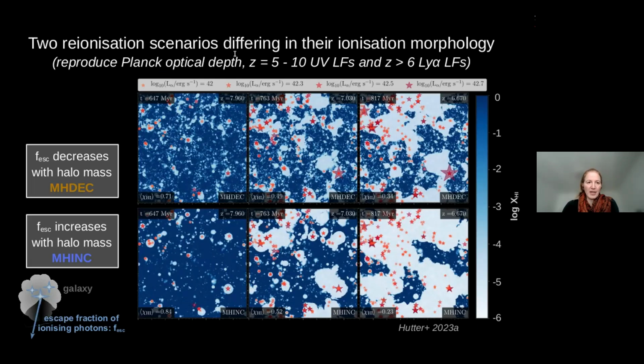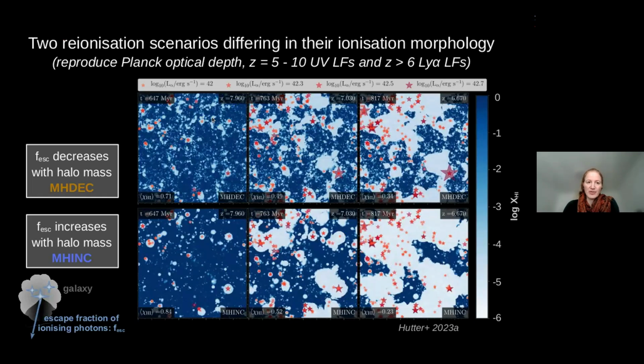So the key thing about these simulations is they actually reproduce the Planck optical depth. They also reproduce the UV luminosity function at redshift 5 to 10, and also the Lyman alpha luminosity function at redshift 6.6 and upwards. So in the top row, you see the ionization fields for the scenario when the faint galaxies drive reionization.